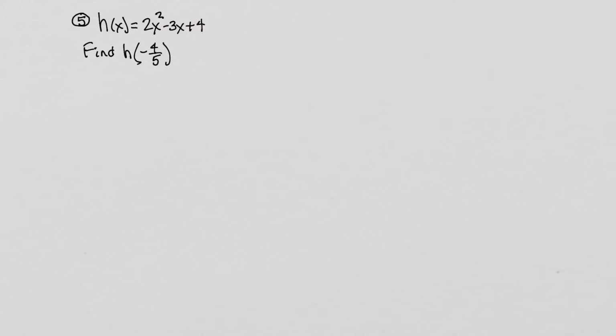So as usual, I'm going to write h and then open parentheses, wherever I see the variable, equals 2, open parentheses squared, minus 3, parentheses, plus 4. Now in each set of parentheses, I'm going to put that negative 4/5 and then compute. So let's put it in.